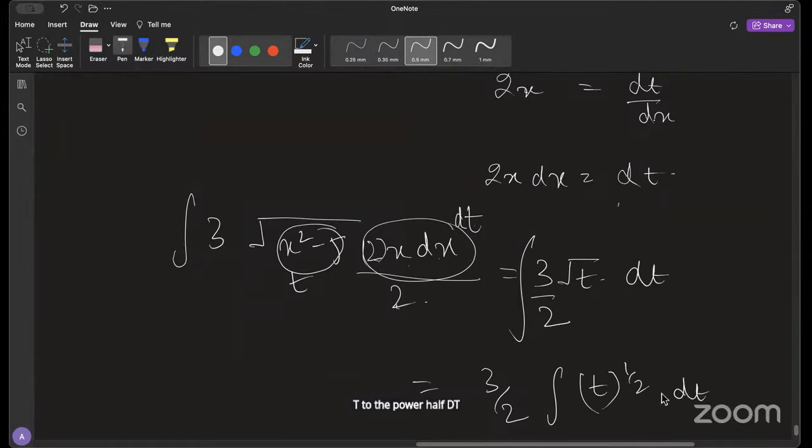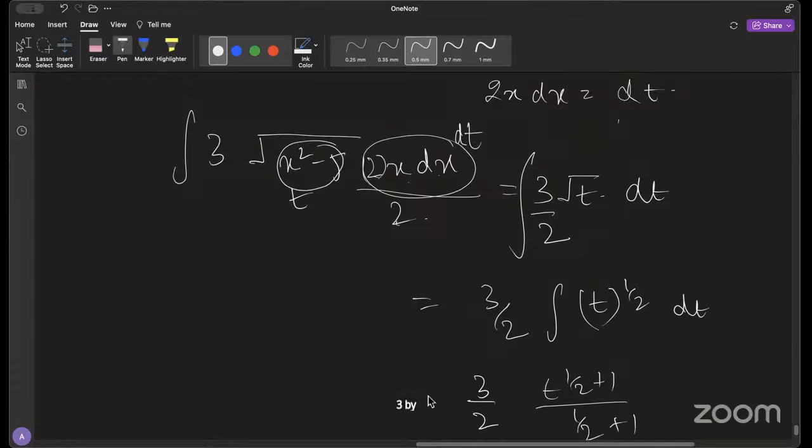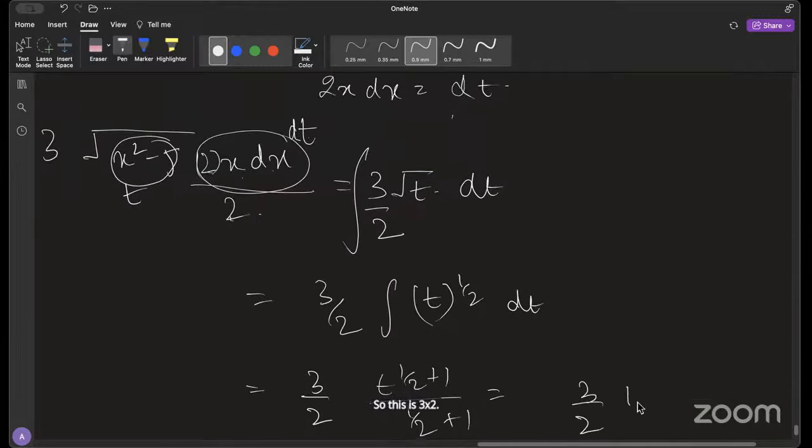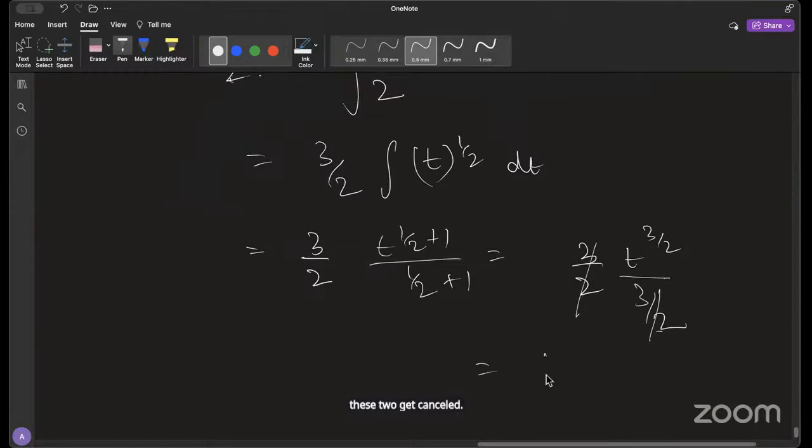And how do we find the integral of this? This is t to the power half plus 1, over half plus 1, which is 3 by 2. So this is 3 by 2 times t to the power 3 by 2 over 3 by 2. These two get cancelled. So you will be left with t to the power 3 by 2.